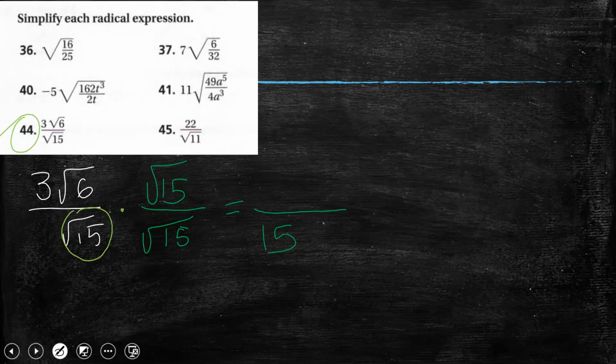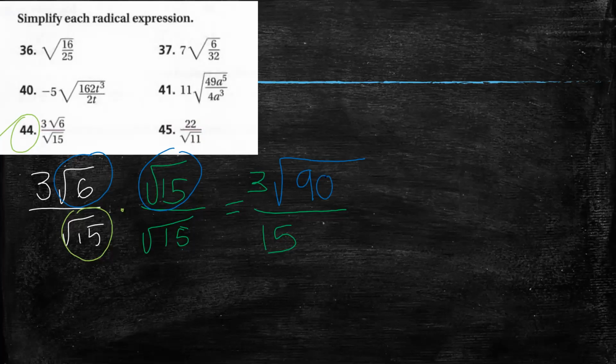We have a 3 without square root, and with the square root I have square root of 6 and square root of 15. Let's multiply them by each other. 6 times 15 is 90, yes. This is how I multiplied 6 times 15, which gives 90.